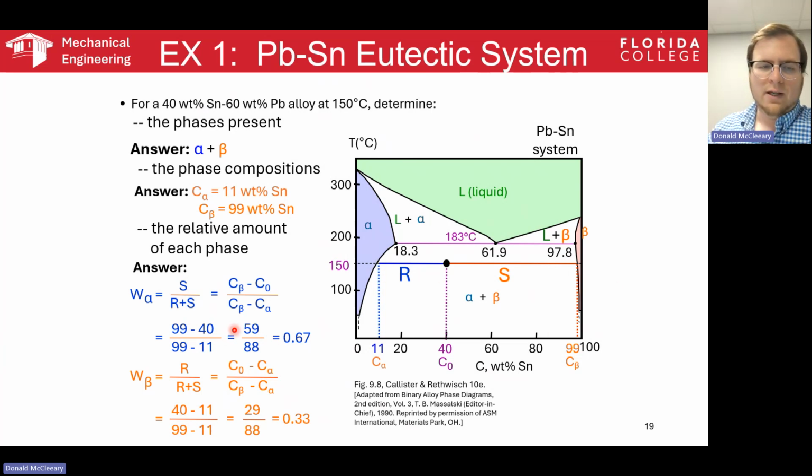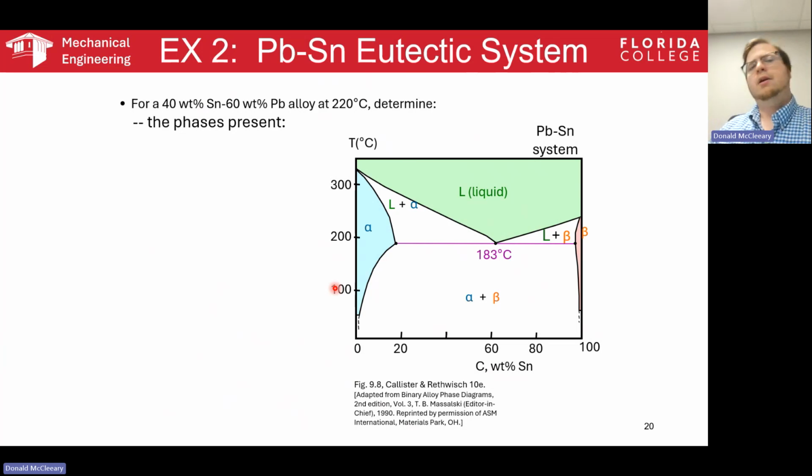So it's 99 minus 40 over 99 minus 11, which ends up being 59 over 88, 0.67 mass of your alpha phase, sorry. And then if you want to get the mass of your beta phase, it's just the inverse, right? You can calculate it using the teeter-totter rule, and you get 0.33.